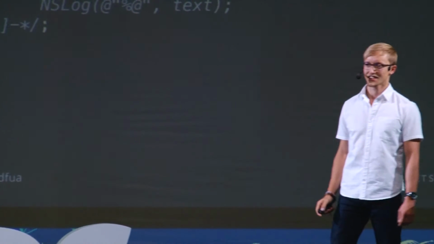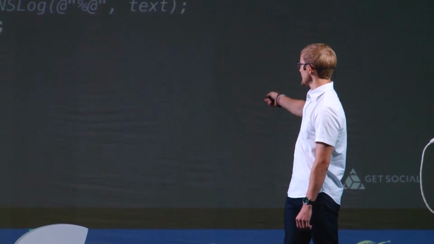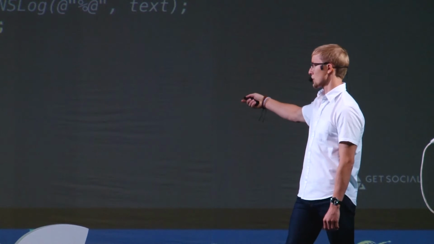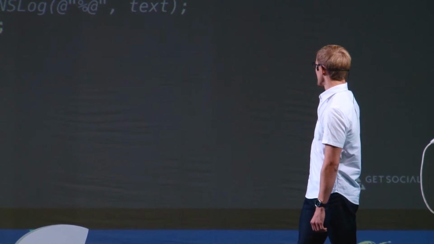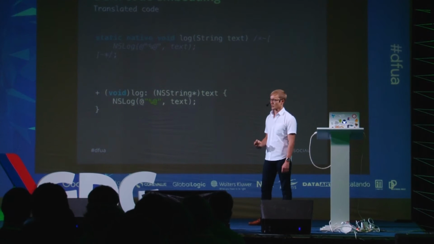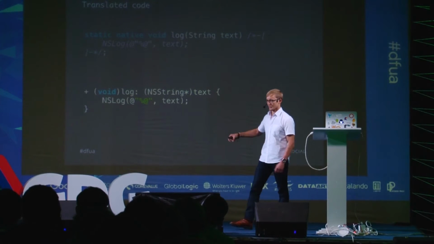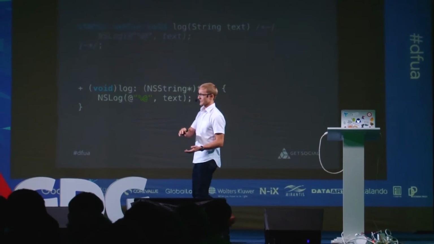J2ObjC supports exactly the same, but with Objective-C code. You just expose a native method on the Java side and put Objective-C code into special comment brackets. After cross-compilation, J2ObjC will translate the method signature and insert this piece of Objective-C code directly without any translation.